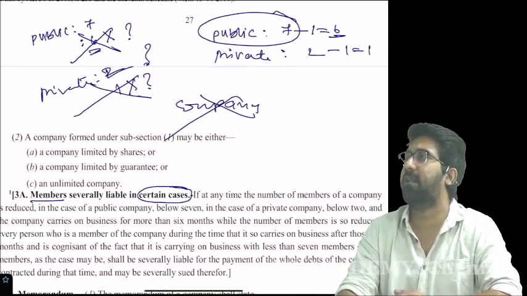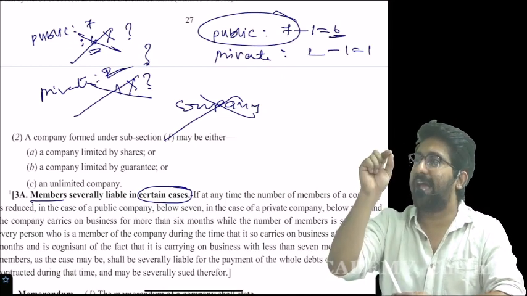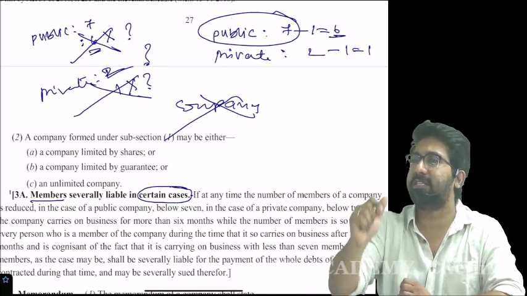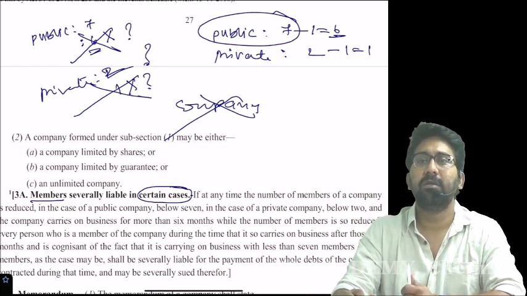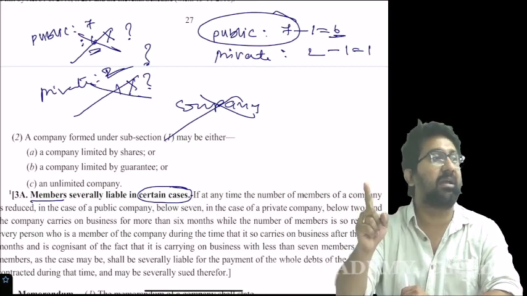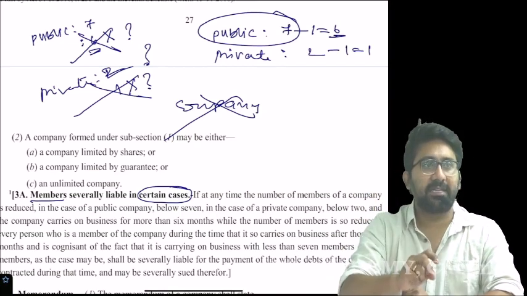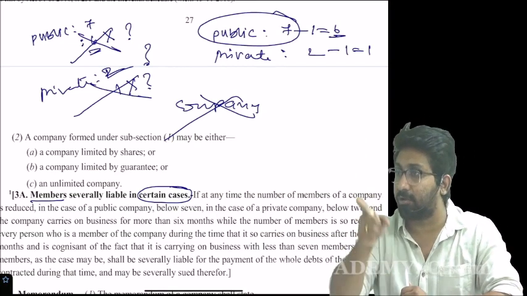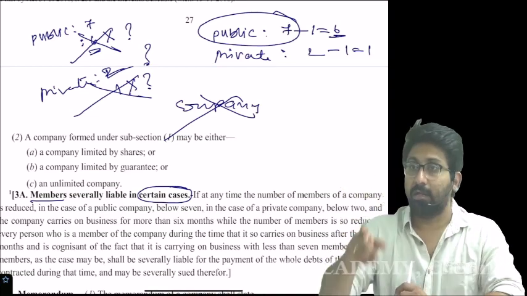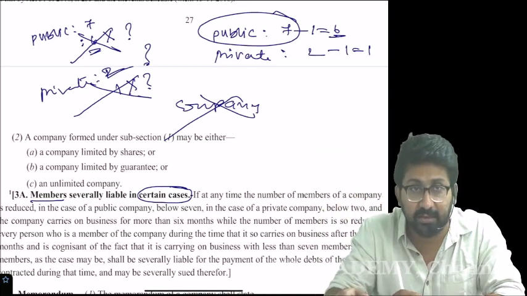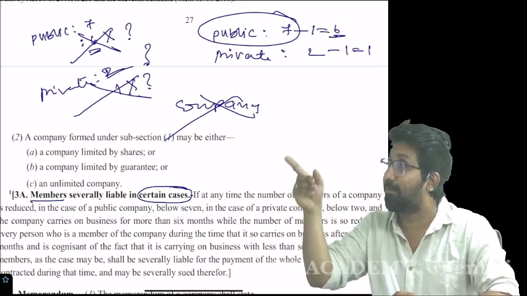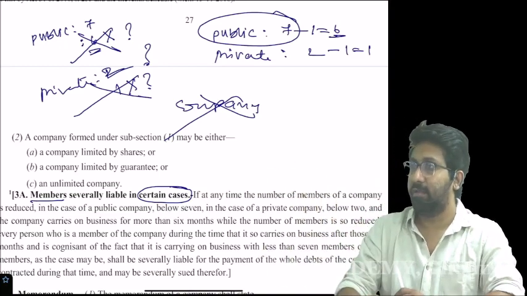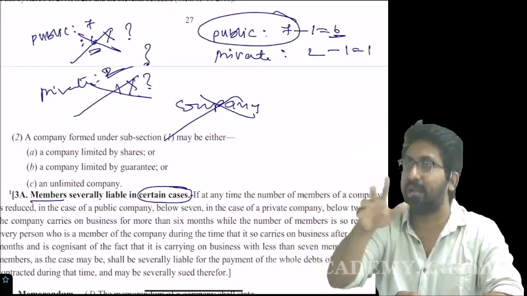Hello, listening everyone? Yes, sir. What is the acid test to understand whether something is a public company or not? Seven minimum must be there. Private company? Two minimum must be there. Seven became 5, I can't call it a public company. Next, 2 became 1, I can't call it a private company, which means I can't call them a company.